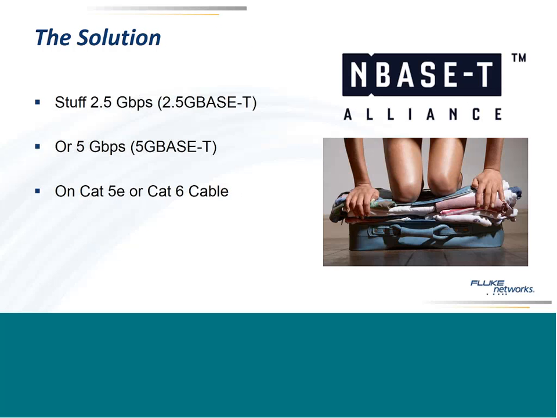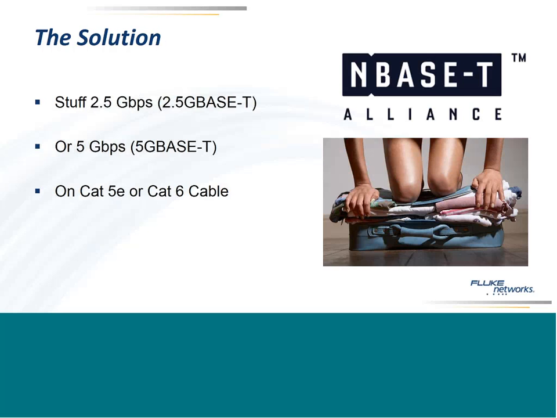So this group got together, the NBASE-T Alliance, and said, I wonder if there's a way to cram higher speeds onto that existing cabling. And that's exactly what they did. They came up with a new standard where they can cram 2.5 gigabits per second into Cat5e cable, and even 5 gigabits per second into Cat5e cable with some limitations.